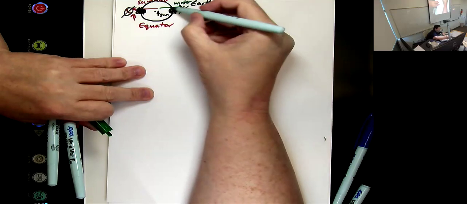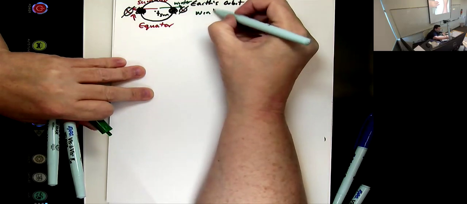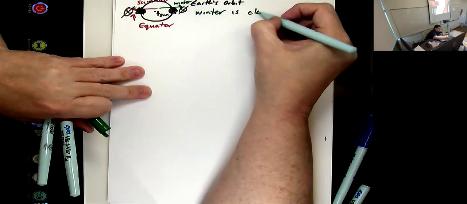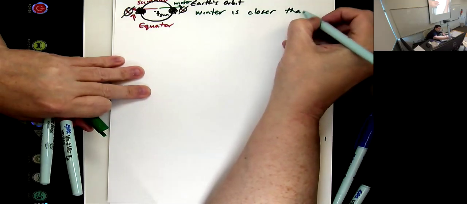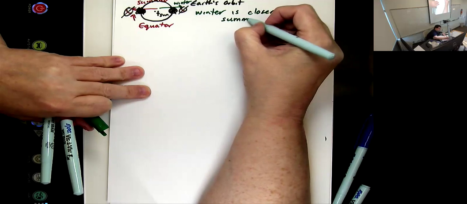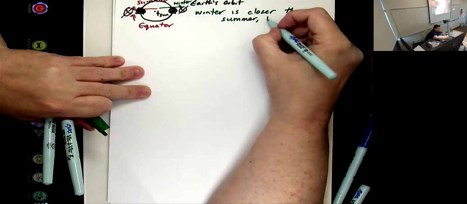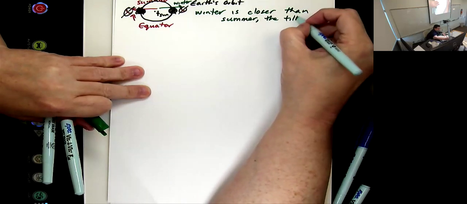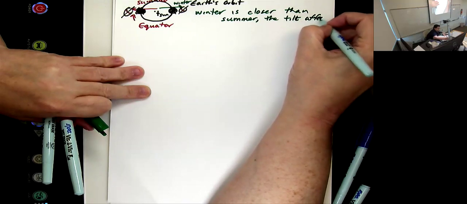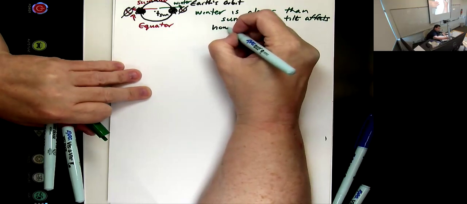So even though winter's distance is closer than summer's, the tilt affects how directly the sunlight hits. The day is short.